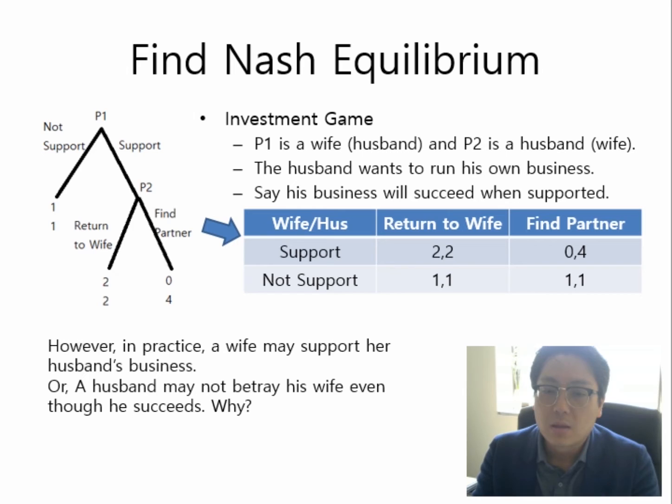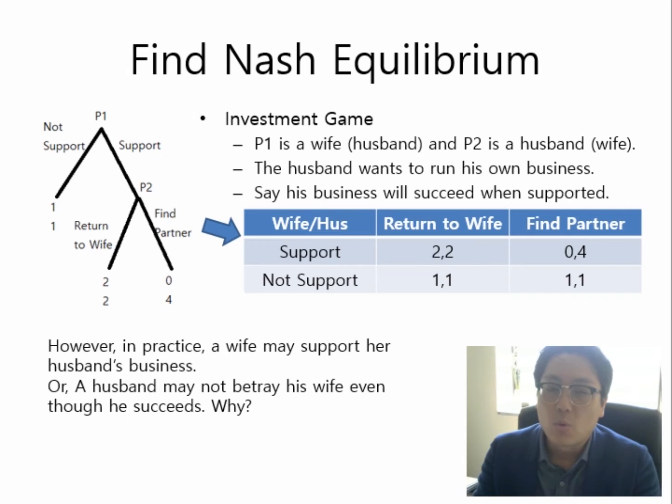If we did not try to use order information from the beginning, we wouldn't need to make an extensive form game. We'd just use a normal form game. That would be enough, right? We don't need to draw a game tree.